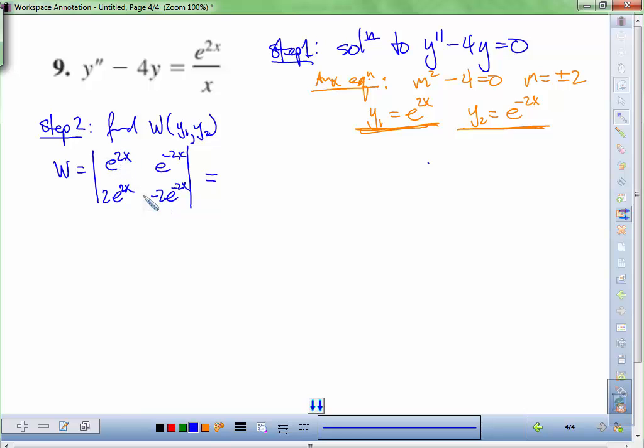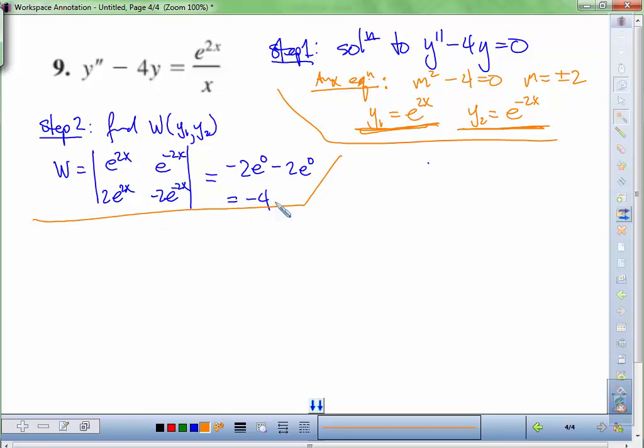So we got e to the 2x times negative 2e to the negative 2x, or if you want, I'll just put e to the 0, minus 2e to the 0 again, because you're essentially multiplying the same thing. And you get another nice number, that's negative 4. Okay, so that's step 2.